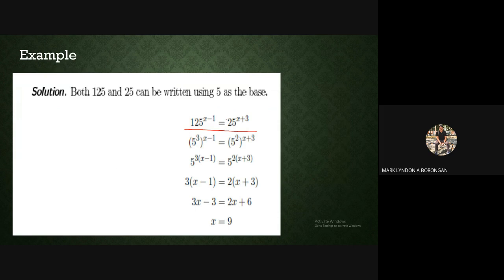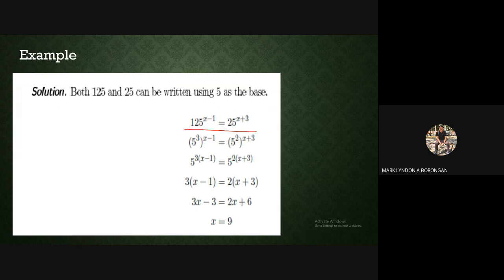The first thing you will do is to transform each side of the equation so that they will have equal bases. Okay? Transform both sides so they have the same bases. So you have there 125.